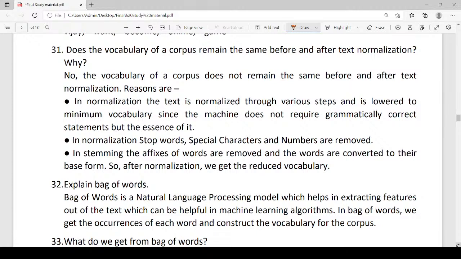So what exactly do we get out of bag of words? What are the 2 things that you get from bag of words? Very good, Bhumika.